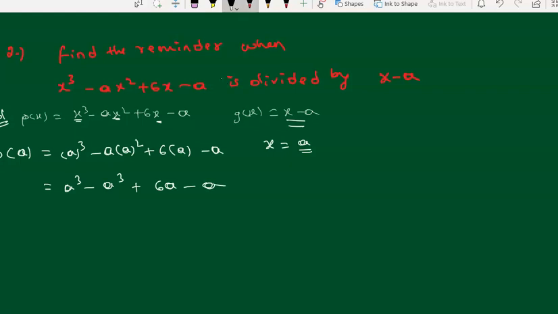This cancelled out, this cancelled out. And you are left with 6a minus a. Here if you take a as common, you get 6 minus 1, because in both the terms you have a, right? I took a as common, and 6 minus 1 is 5, so your answer is 5a. Okay, your answer is 5a.